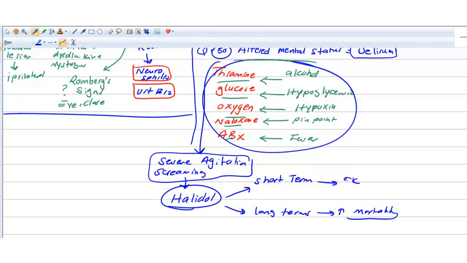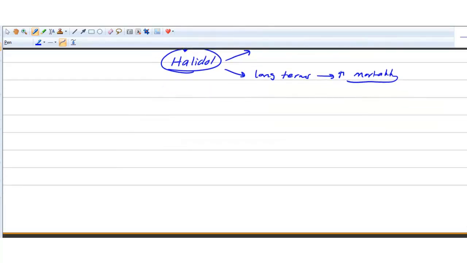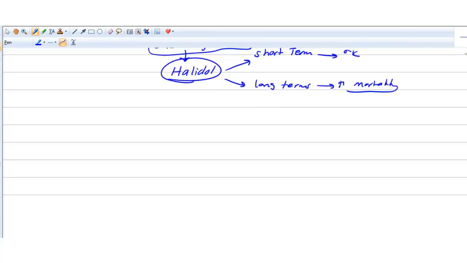Anyway, what else do we have? So good. We're done with these two crazy topics. Now let's go to some movement, because we're already talking about maybe tremor.